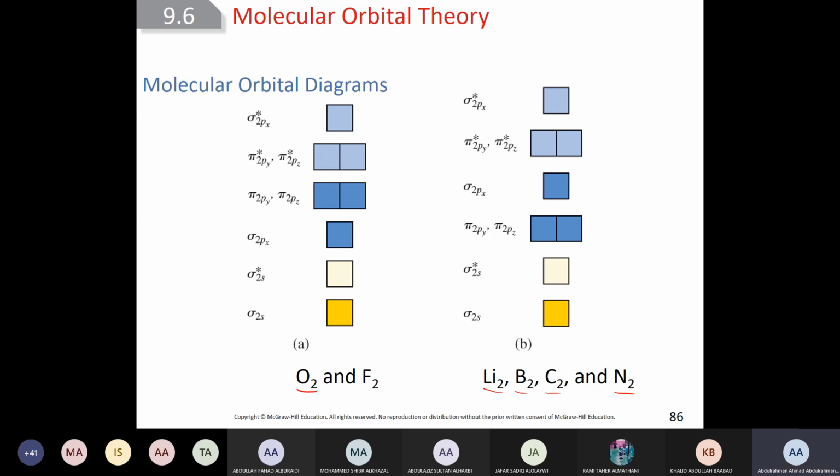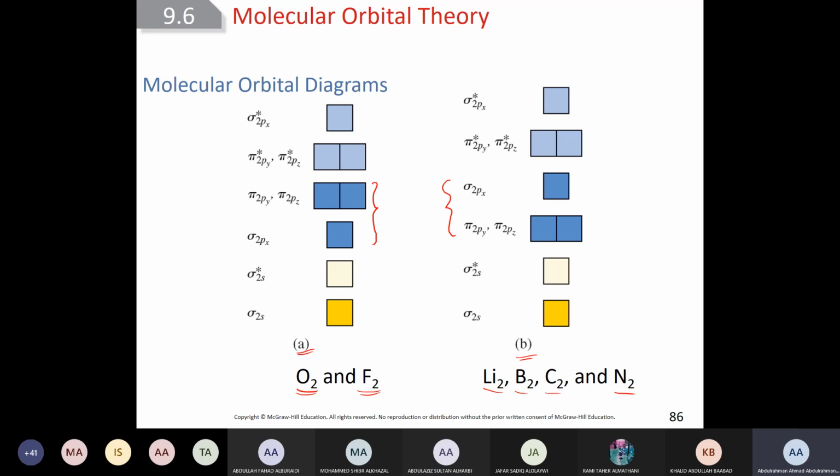If we have O2 and F2, we're going to have this order. Order A and B. What's the difference between them? They are exactly the same, except these 2 orbitals switched. Exactly. Flipped. One up and one down.